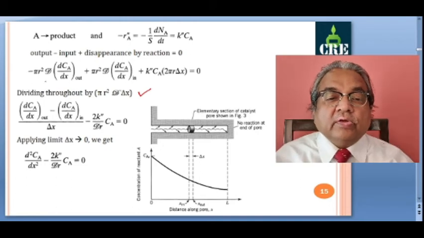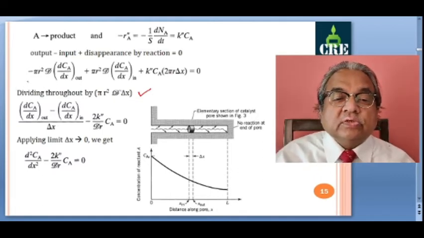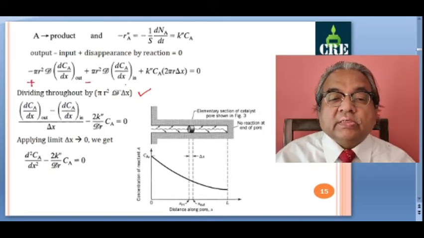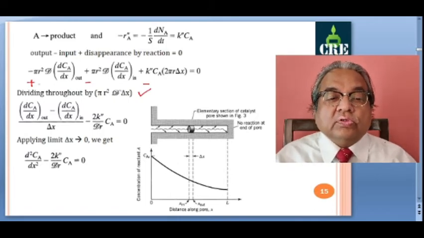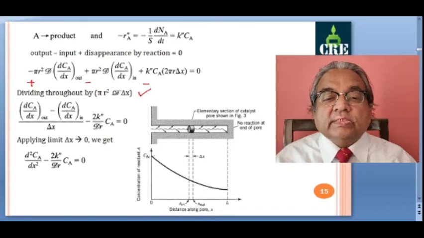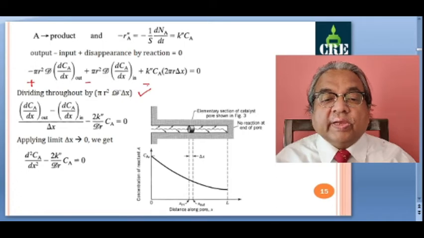So what we are doing here, we want this equation. We will change the signs, so this becomes plus, this becomes minus, and this becomes minus. I am multiplying by the minus sign throughout. So dCA by dx out with plus sign, dCA by dx in with minus sign, and this last term with minus sign.